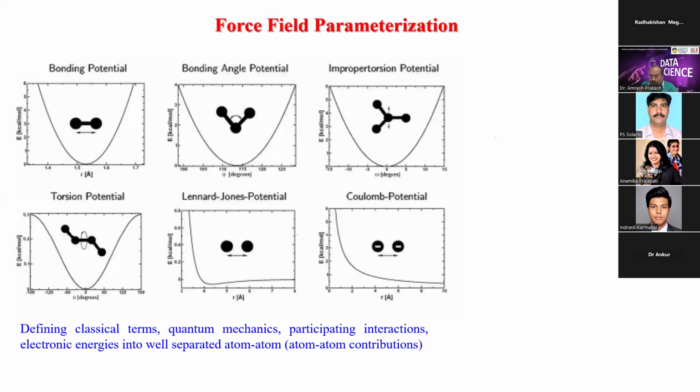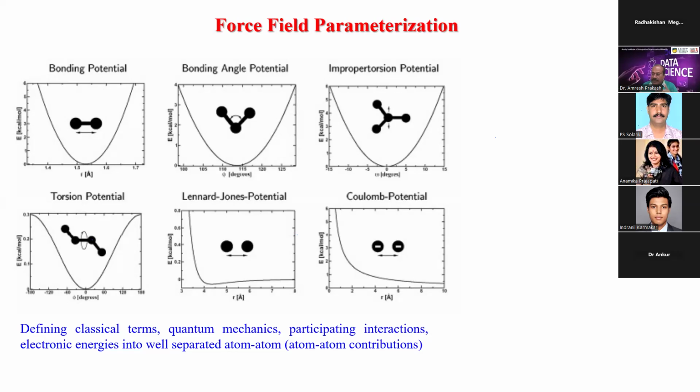Now see, what parameters are we considering when we apply the force field? We know that a carbon-carbon bond has a particular distance. So we have to apply the force field such that the actual bond between the two atoms is not distorted. What changes is the bond angle and the torsion.